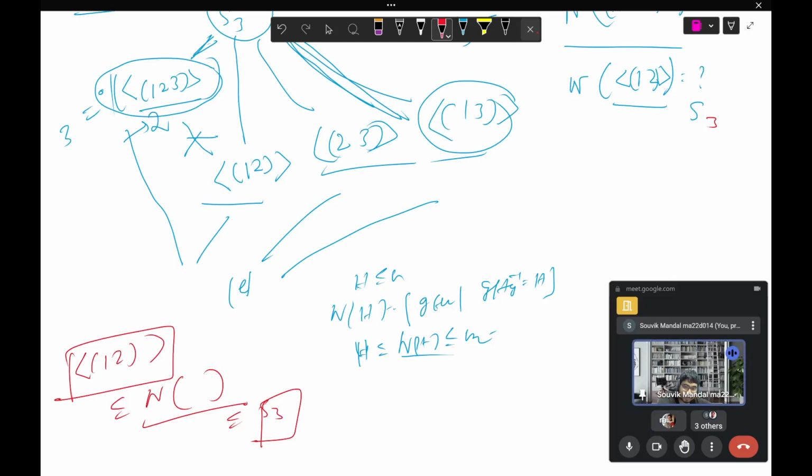Just for information, S3 has no normal subgroup other than S3 itself, and the subgroup generated by 1, 2 is not normal. So the normalizer will only be the subgroup generated by 1, 2. Understand? If the normalizer were the whole group, it would be a normal subgroup, but that's not the case. So the normalizer is only the subgroup itself. That's the point.